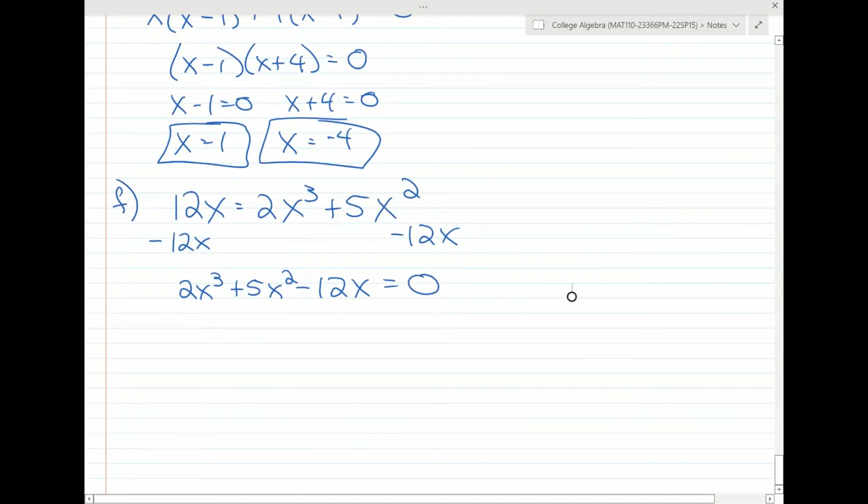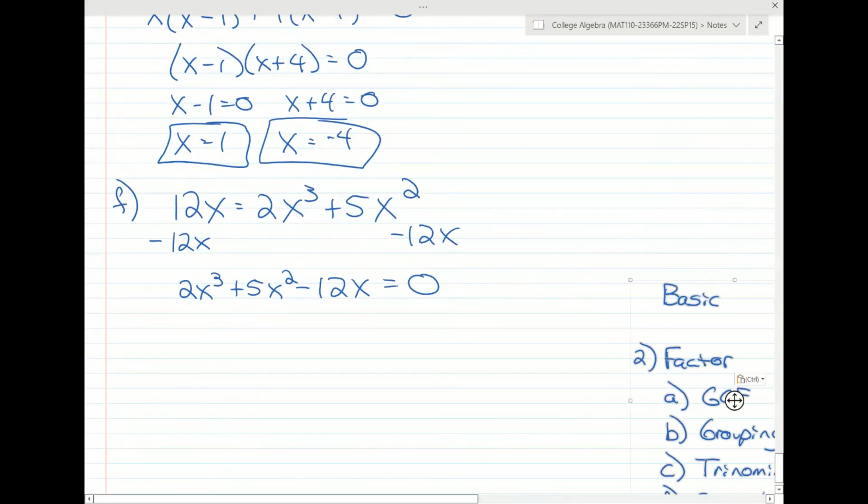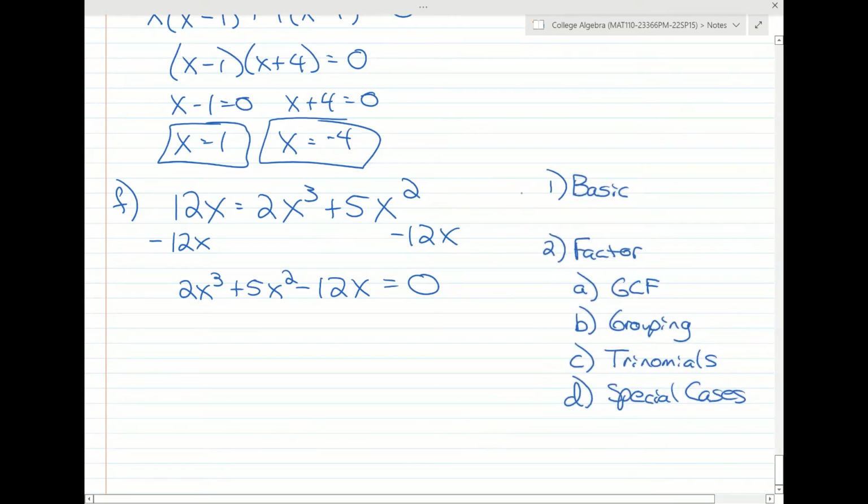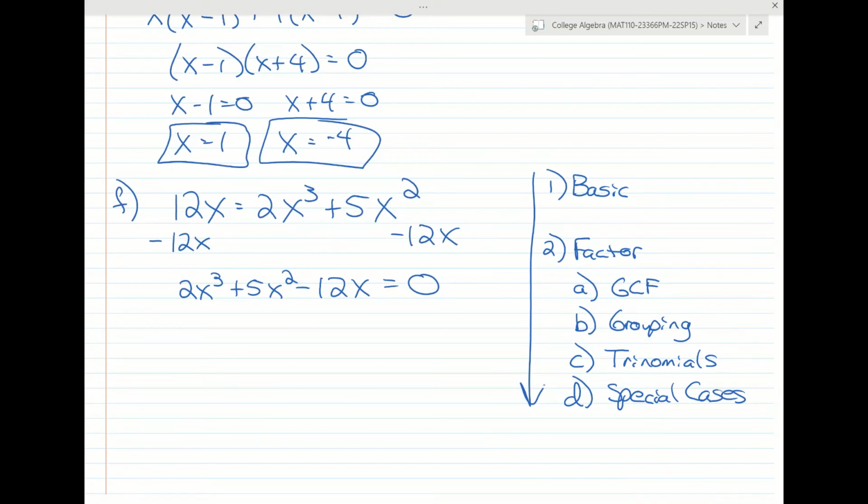All right, so just going back to our menu from before. This isn't a basic equation, so let's just go ahead and work our way through the list. Is there a GCF we could take out of the whole thing? Yeah, just an x, right?